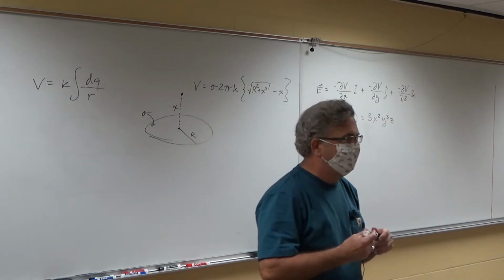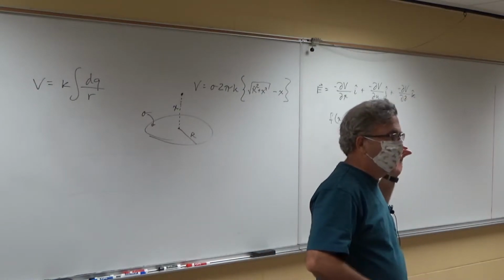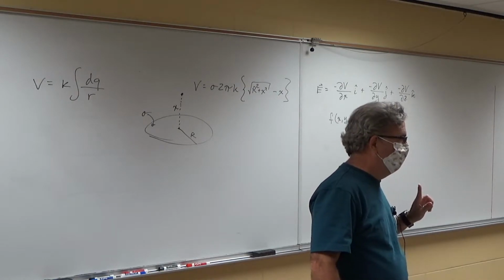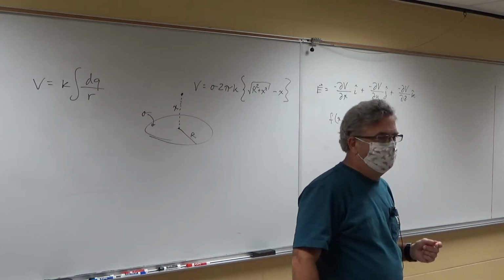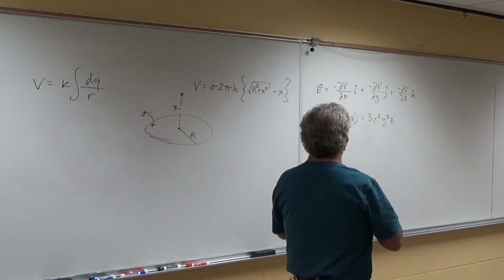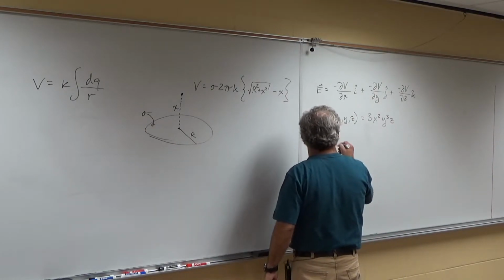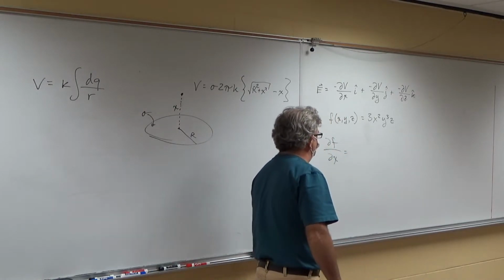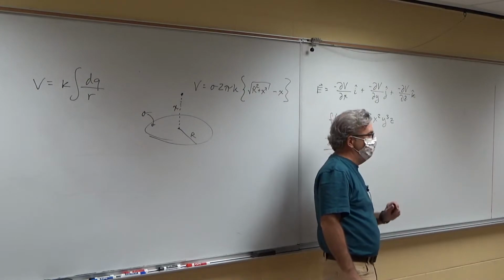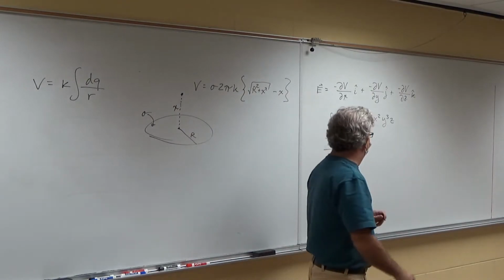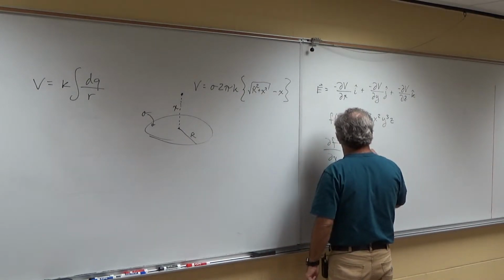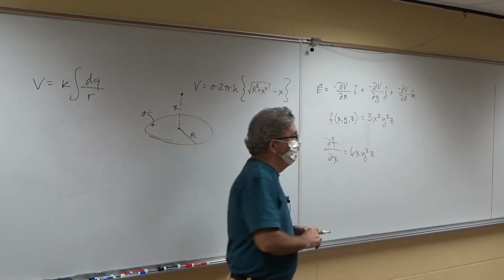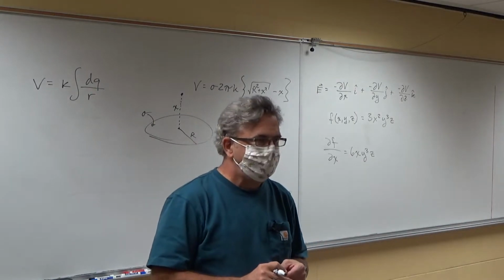So you're looking at the rate of change with respect to one variable, although it's a multivariable function. So the partial of f with respect to x, you take the derivative with respect to x and hold everything else constant. That would be 6x y cubed z. Okay? You get the picture?